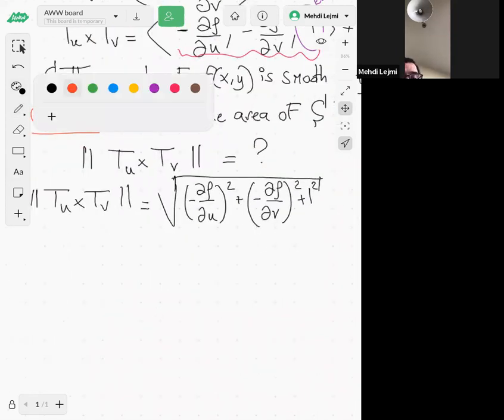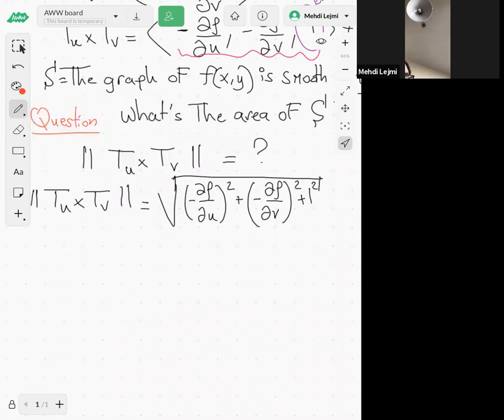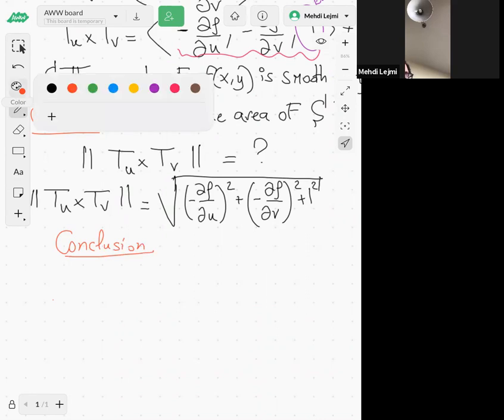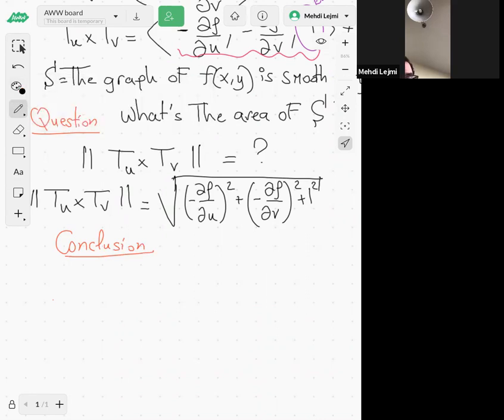So the conclusion is that the area of a graph is a double integral over the region D of the norm of this vector tu cross tv.